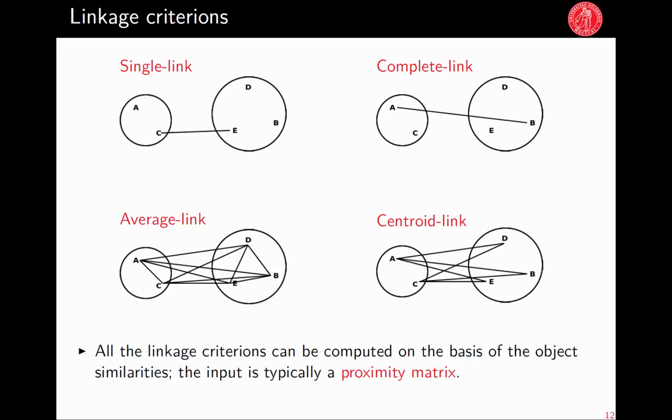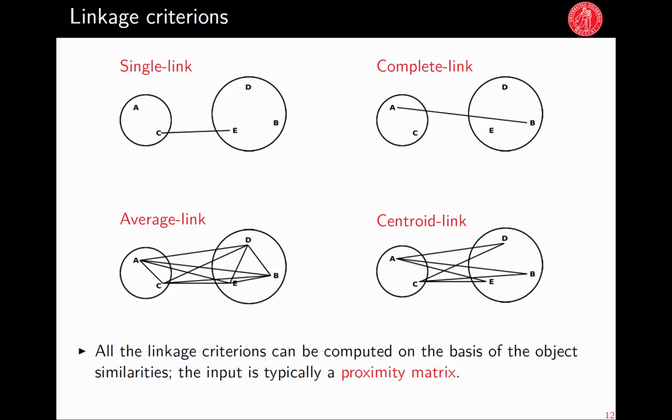Okay, so these are the four similarity measures that I wanted to mention. One thing to note is that they're all defined on the basis of the pairwise similarities of individual objects that are to be clustered, right?